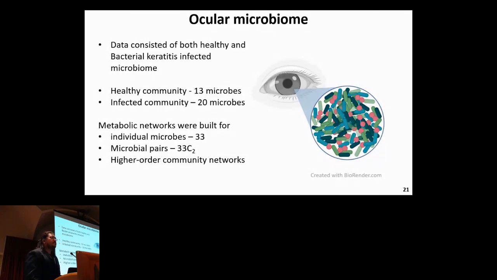This is based on the concept that the metabolite environment depends on the microbial composition. For example, for a healthy community, we have 13 microbes, so we find the minimal media required for the growth of every microbe, collate that, and use it as the healthy condition. The same goes for infected.